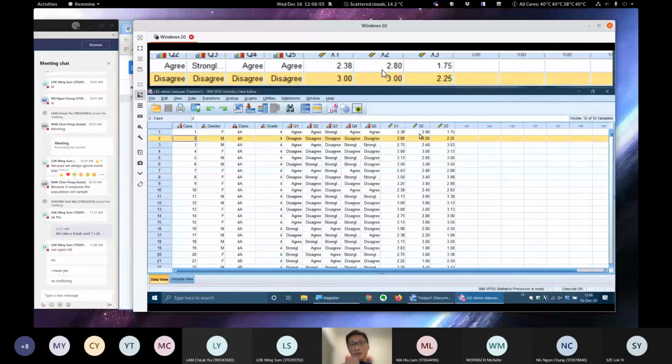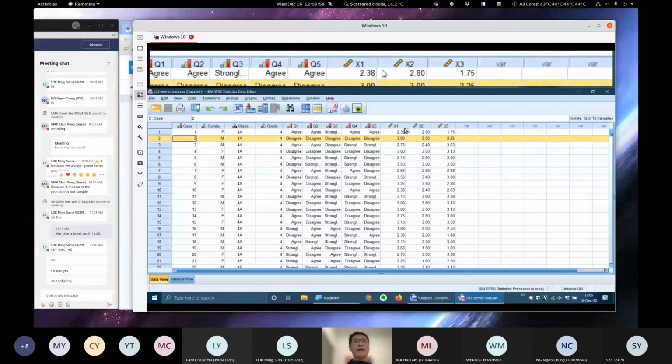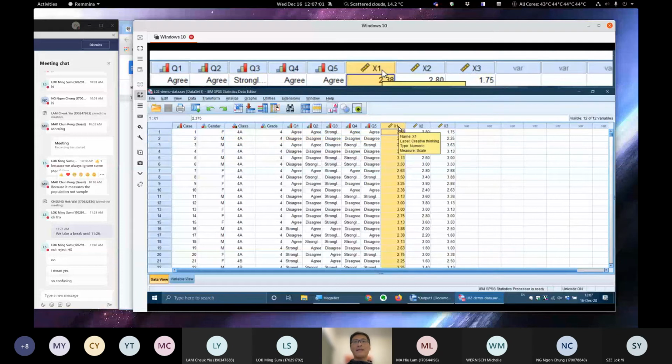Now, in reality, we usually do it in the following situation. Suppose that you have a pre-test. Pre-test means that at the beginning of the study, you ask them some questions, they fill in the questionnaire, and you get a number here. And then you do something to them, like showing them some data, or letting them go through a video or a training course, in the hope that they will change their mind, or that there will be some change in the process.